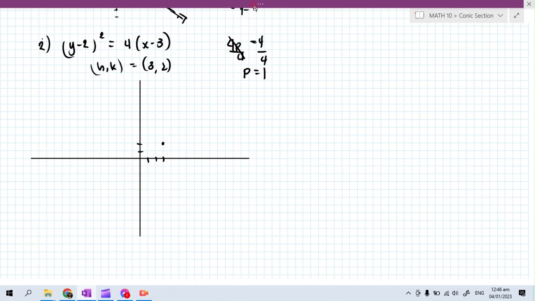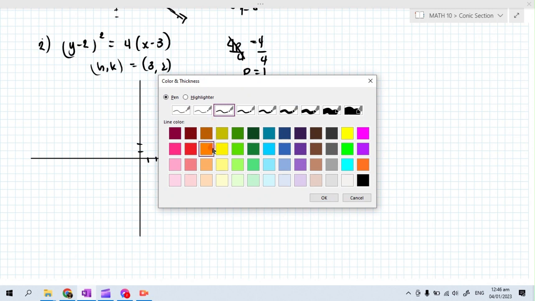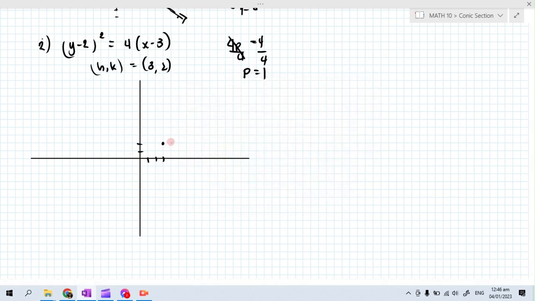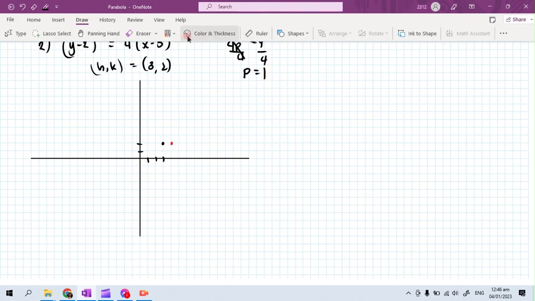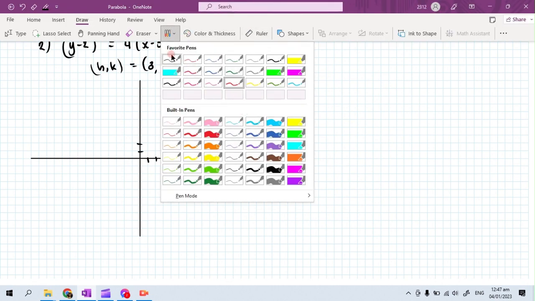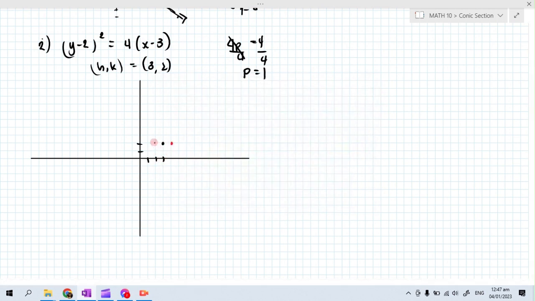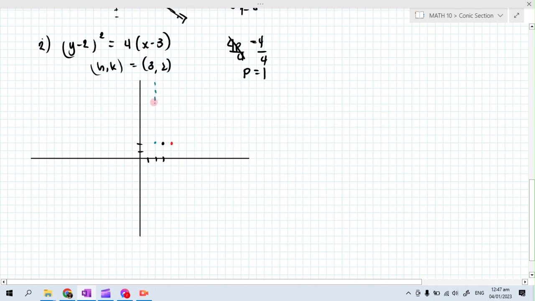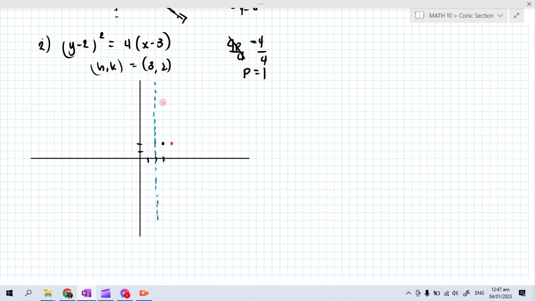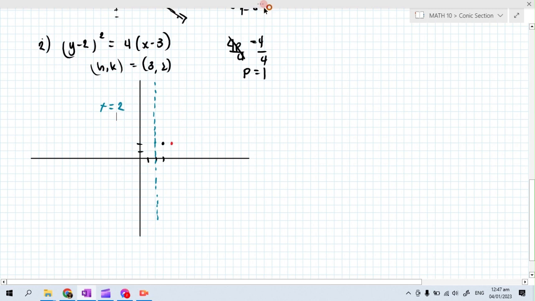Then our focus is here, let's change the color, and our directrix can be found here. So this is our directrix. Our directrix is y, no, not y, x. x is equal to 2.